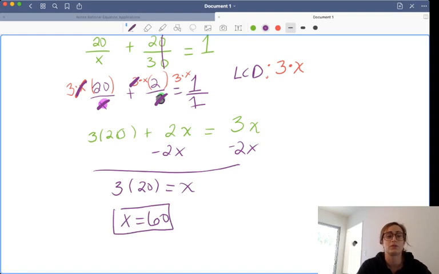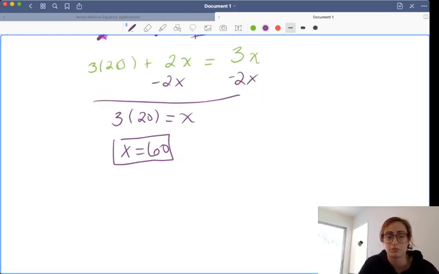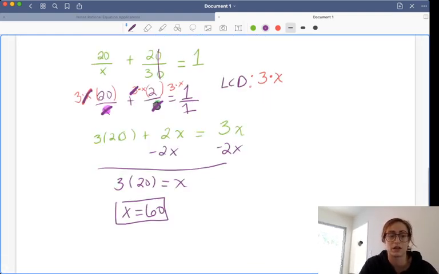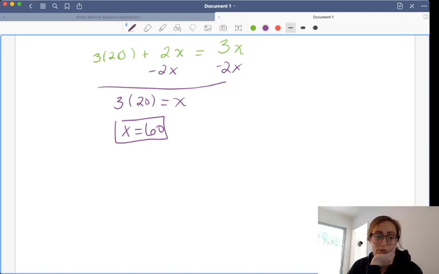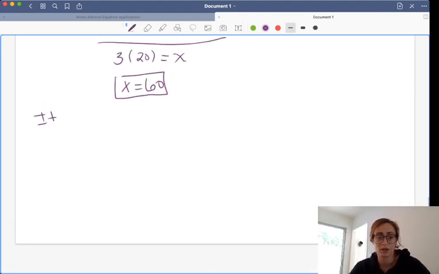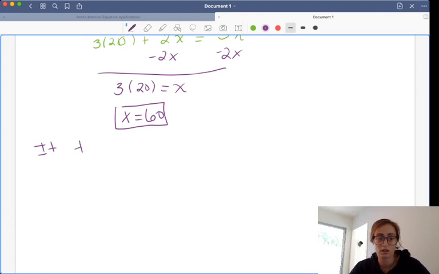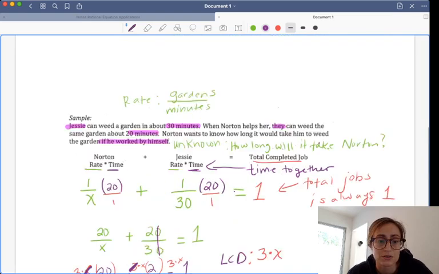Okay, now remember, this means something in the context of our problem, so we do need to write the actual answer, okay? Which is, it takes, I think we're doing Norton, right? Who's doing this? Norton.